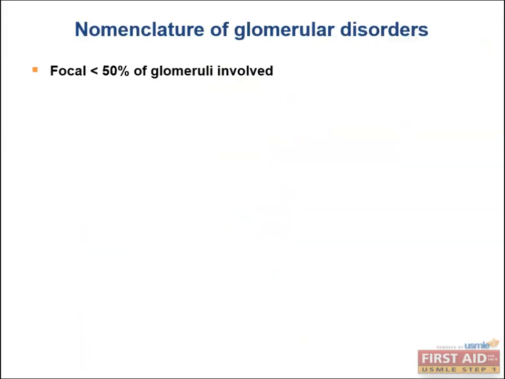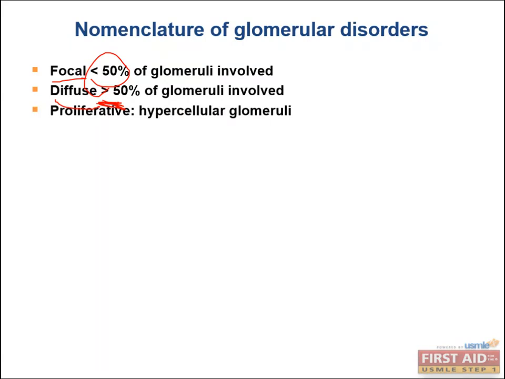Now let's briefly go over the nomenclature for understanding glomerular disorders. This will make the array of pathologies much easier to understand. So if less than 50% of the glomeruli are involved on a cross-section of the kidney, then it's called focal. And if greater than 50% are involved, then this is called diffuse.